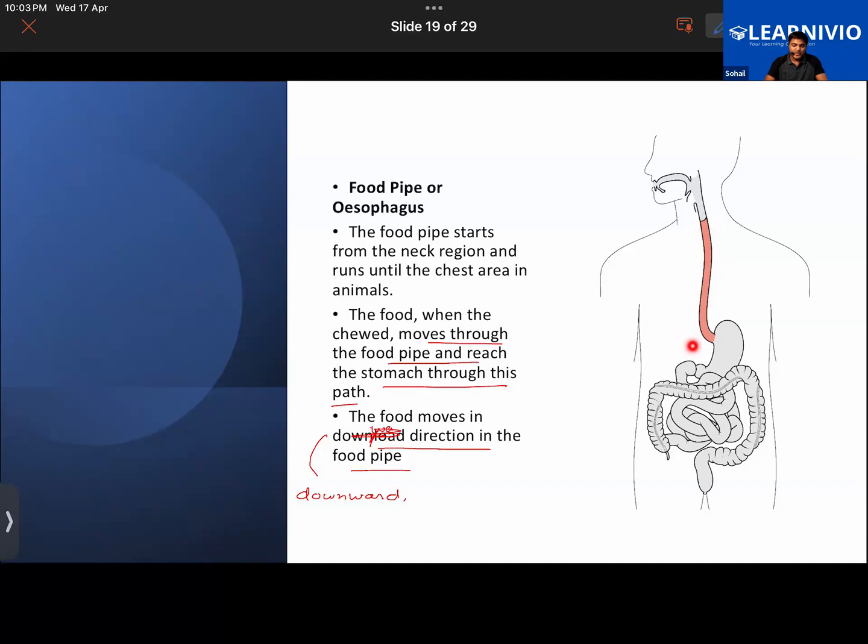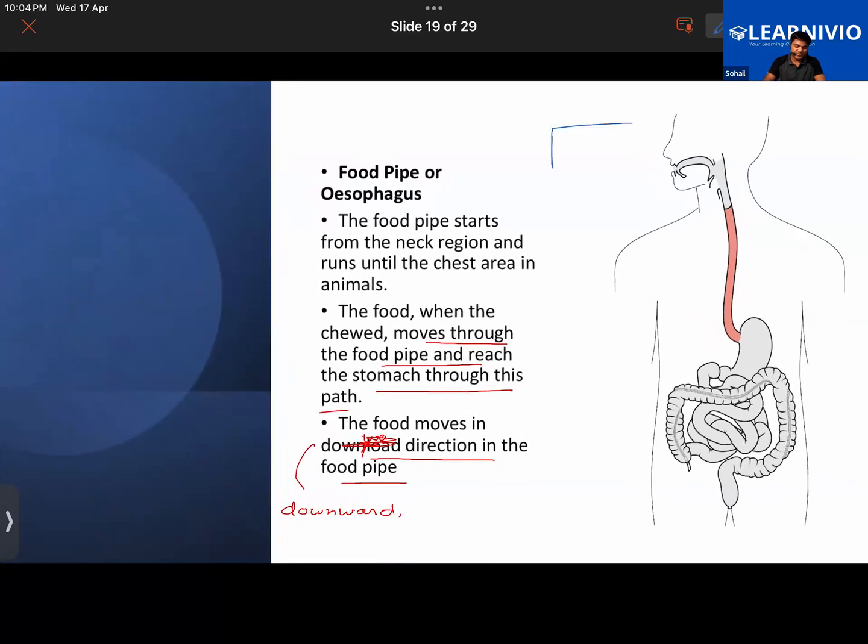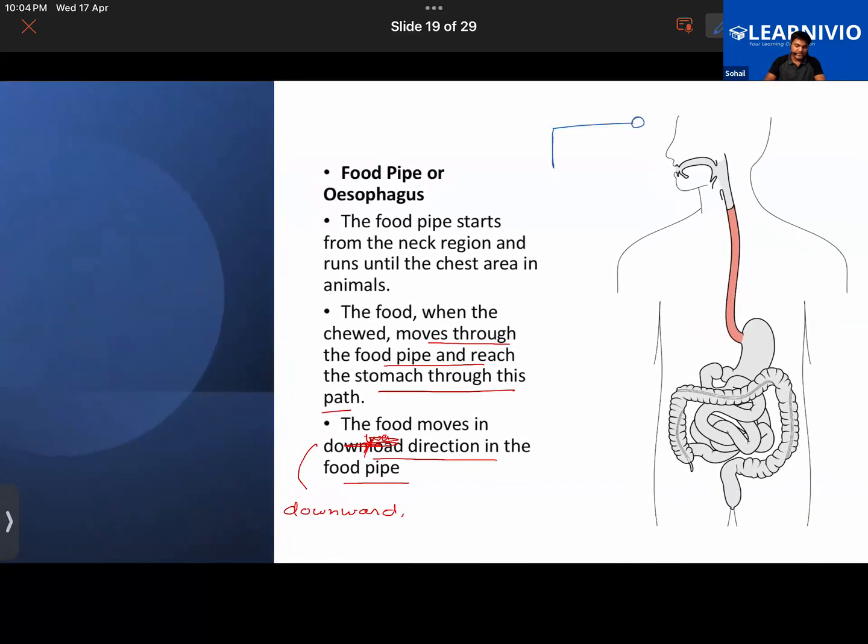Normally, even if you are not sitting upright and are a little bent backwards, or bowing downwards, let's say the person is bent like this, try to understand. Even in this position, if the person were to eat something, the food will go to the stomach.